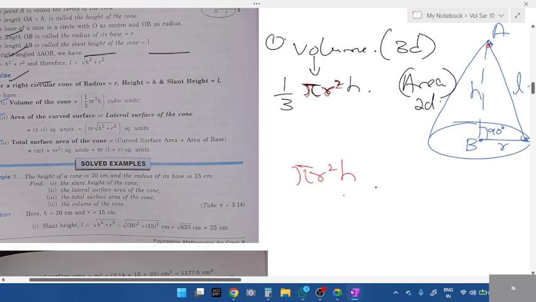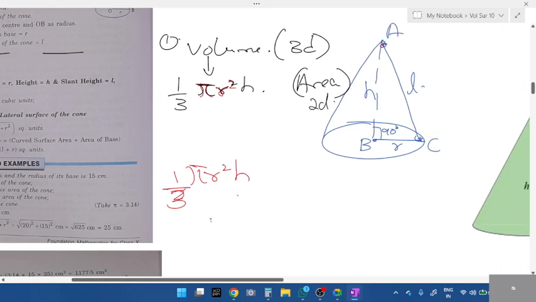It was just pi r square h, right? For the cone, it is one third of that, students. Just remember, one third. I told you all before the class to go through the formulas. The reason you write 1 by 3 is that the cone is not straight. The image is slanting. This is the cylinder.